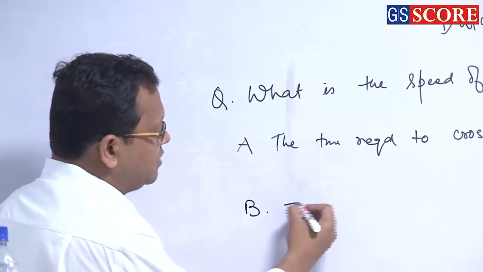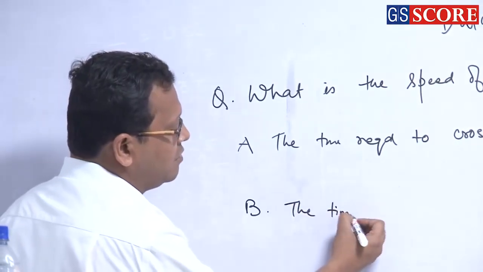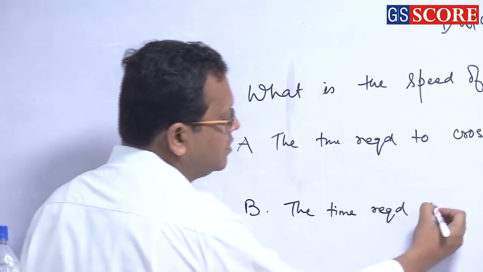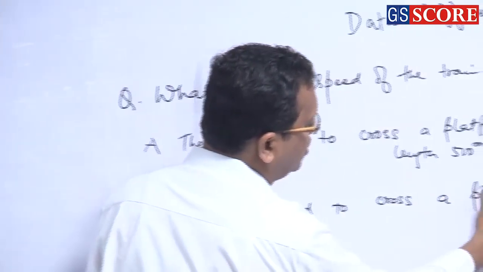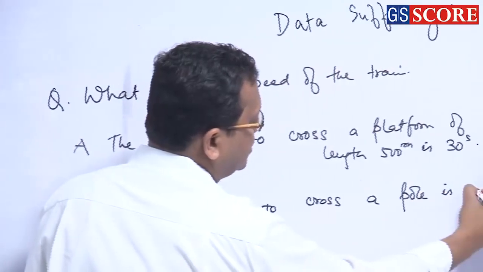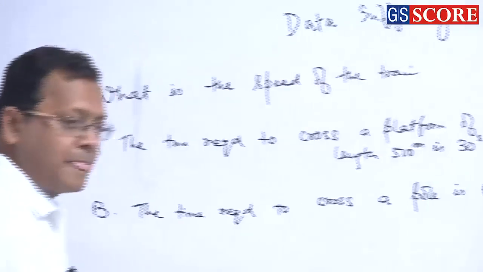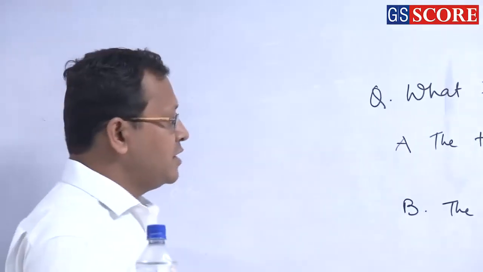The second piece of data, the time required to cross a pole is 10 seconds. What is the speed of the train, right?